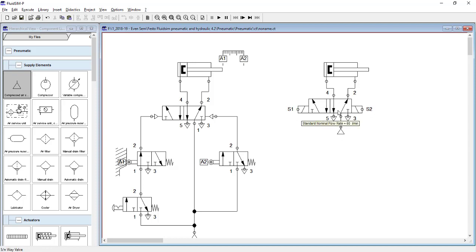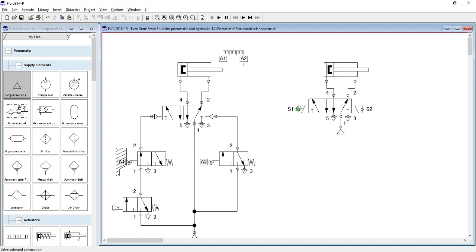Rather than calling it S1 and S2, see, when this left solenoid is activated, what happens? This left position of the valve is activated. Because of this left position of the valve, the piston moves forward. So this solenoid is producing A plus motion.